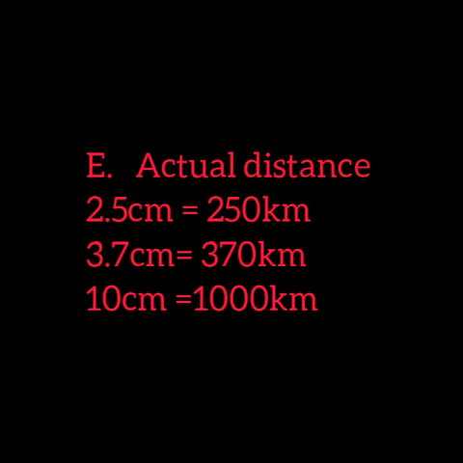So with the scale we are using, 2.5 centimeters is nothing but an actual distance of 250 kilometers, and 3.7 centimeters shows 370 kilometers, and 10 centimeters shows 1000 kilometers.